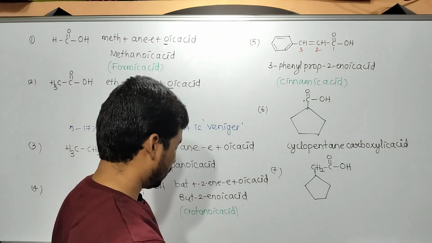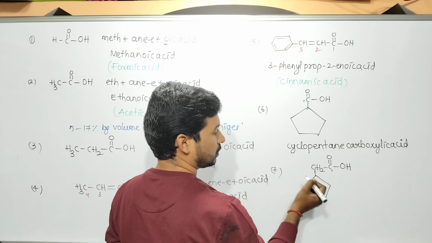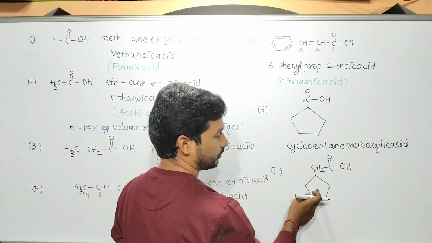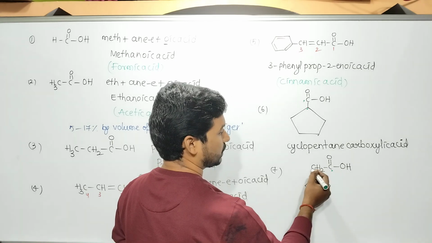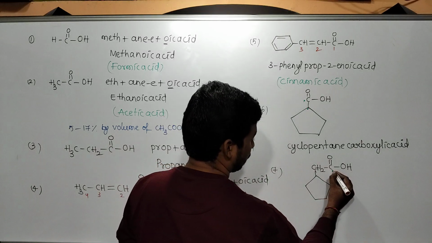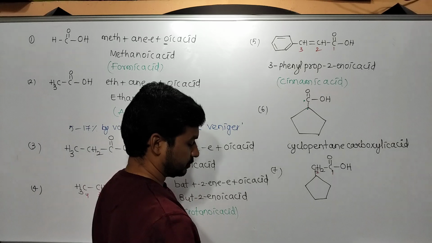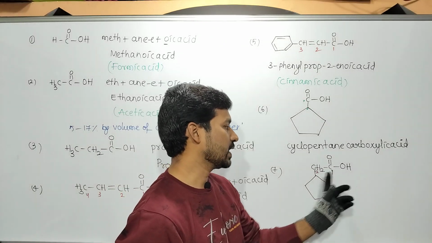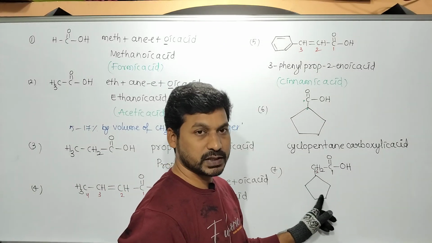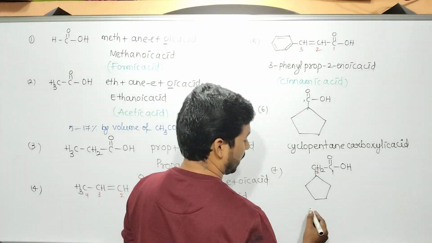Right. For this molecule, the COOH group is not attached to the closed chain, the ring. In this case, take this as the parent chain. The number of carbon atoms is 2, so 1 and 2 carbon atoms. Eth plus ane plus oic acid, ethanoic acid. At the second position, the ring is taken as a substituent. What is the substituent? Cyclopentyl.